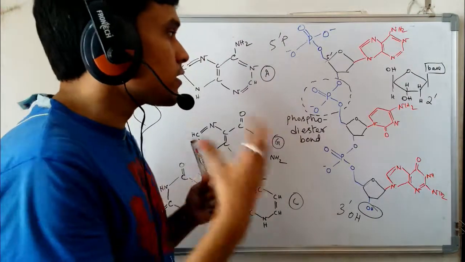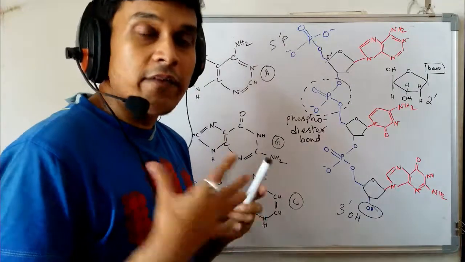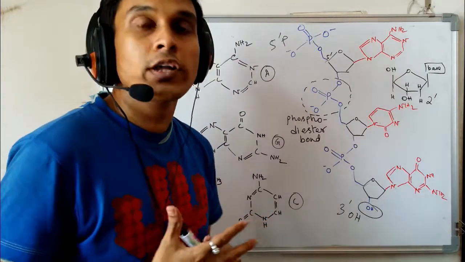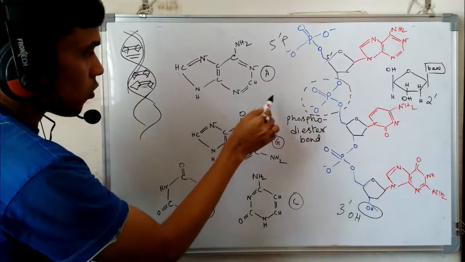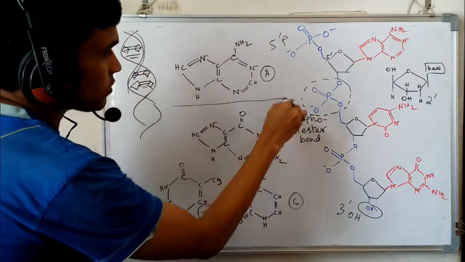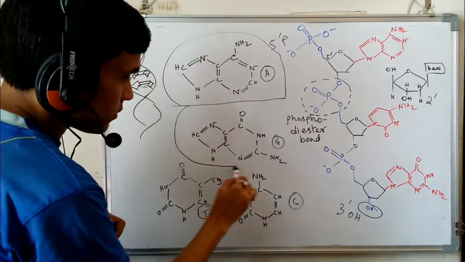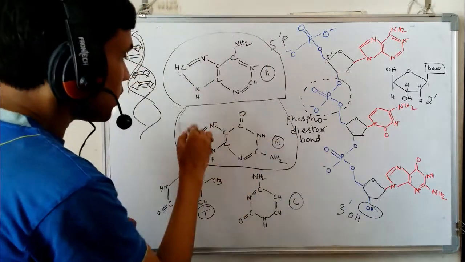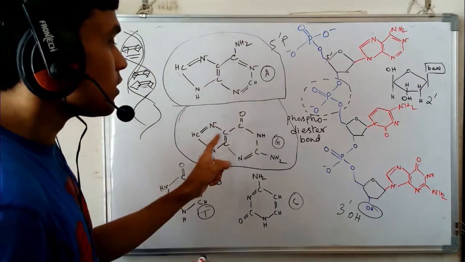I will describe more details about DNA structure when I describe everything related to the Watson-Crick model of DNA. Now this is only the nitrogenous bases structure. A and G are double ring structures. That is why they are called purines. Purine nitrogenous bases are double ring structures. But thymine and cytosine, as you can see, are nitrogenous bases, so nitrogen is present. They have only a single ring.